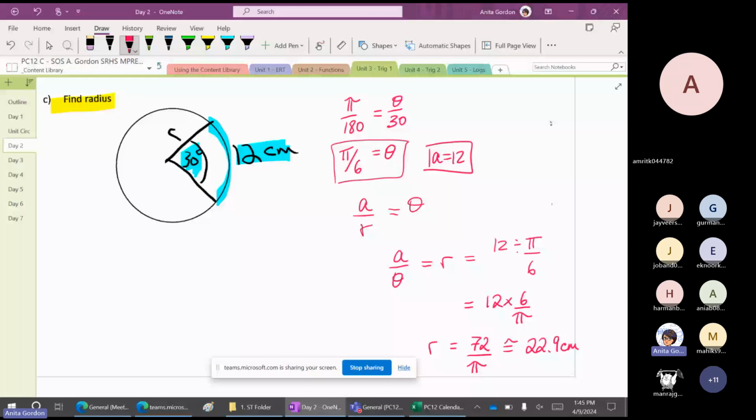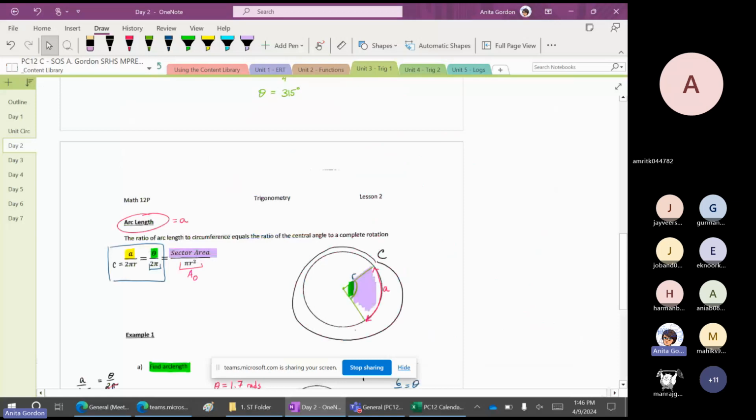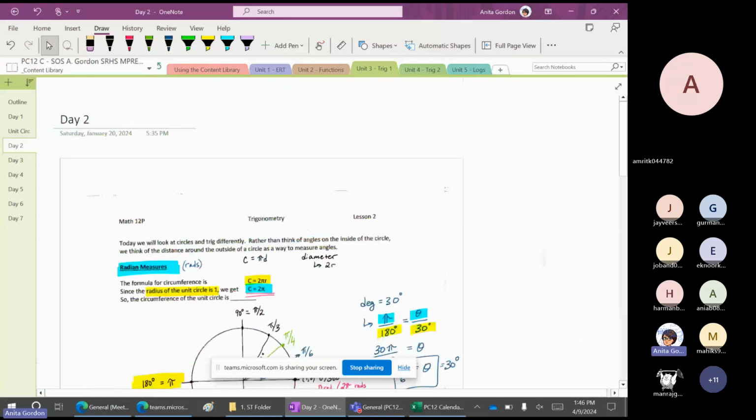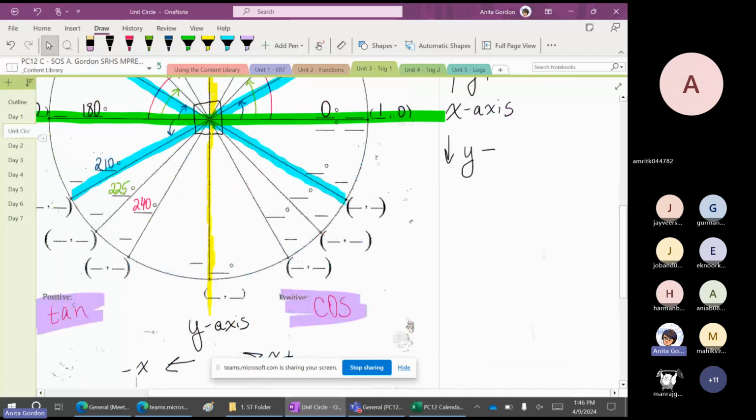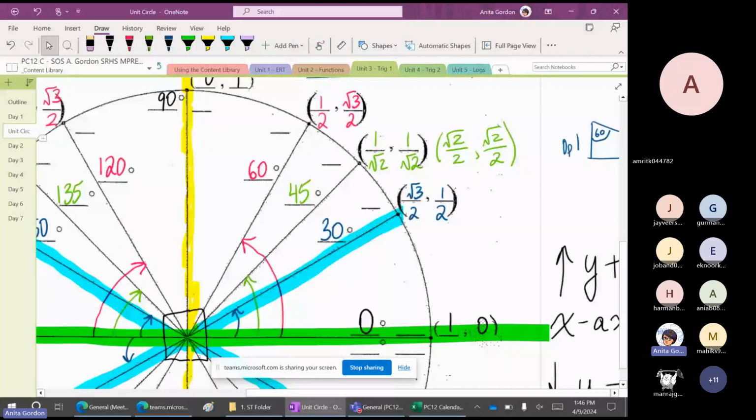Okay, so the focus of our lesson today is understanding the relationship between degrees and radians, making sure we can convert, and making sure that we can find the arc length. So before the end of today, what I would like you to do is go back to your unit circle. And once you have everything filled in for degrees, go ahead and add in your radians.